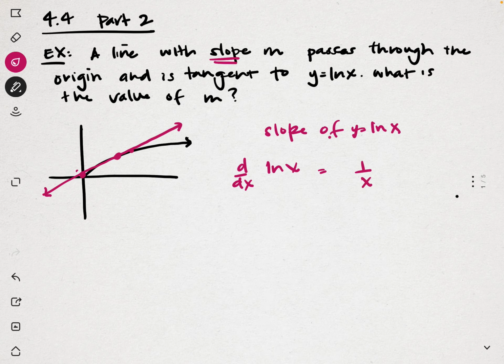All right, so we have some point here at A. We're going to call it point A, where the line is tangent to the curve. So what we're going to do is say, well, our original function is this. So we know that ln of A is going to be equal to, wait, let me think this through.